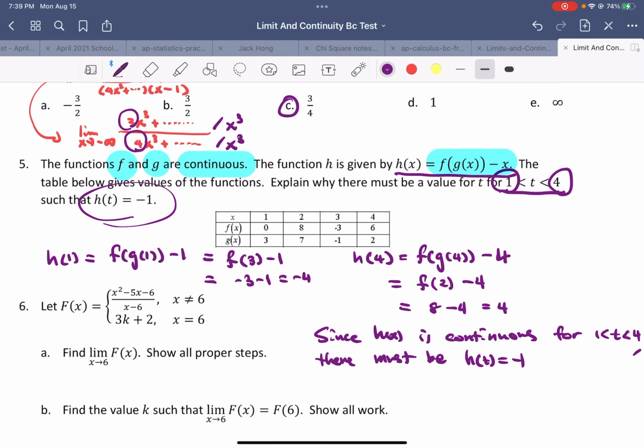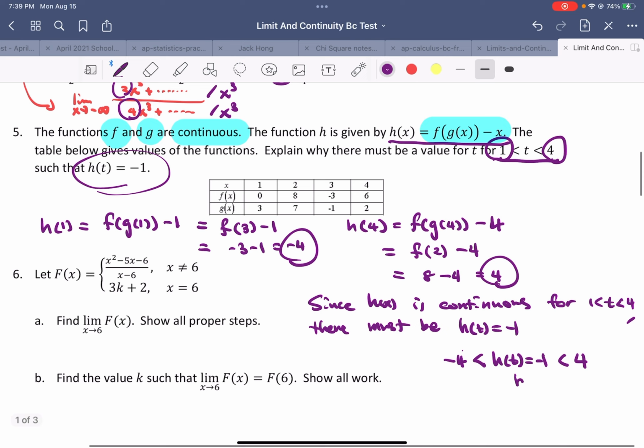Between the values we found, negative 4 and 4, right? So negative 1, your h of t, is between those values, right? We call this the intermediate value theorem, IVT. So if I write the full description, intermediate value theorem.